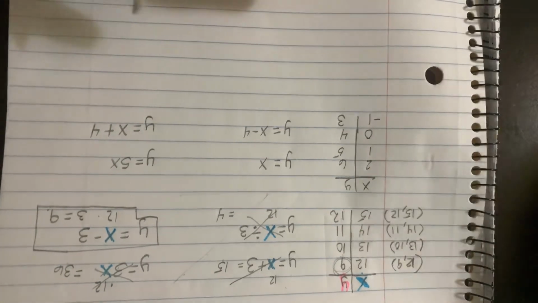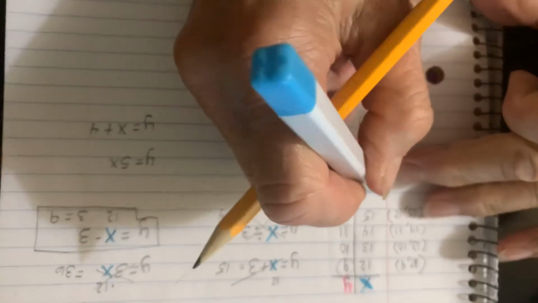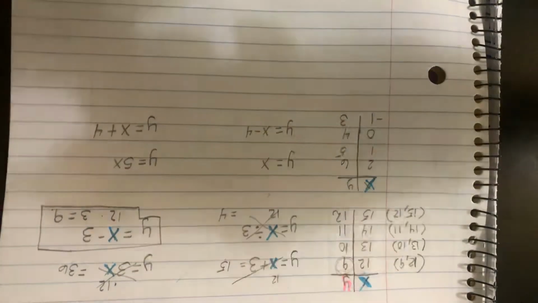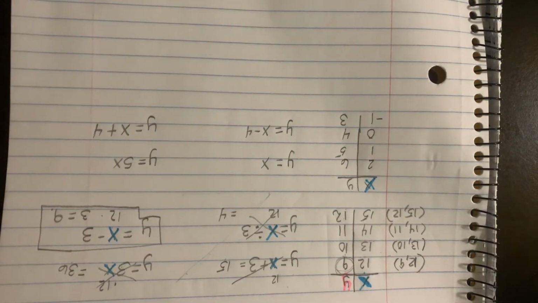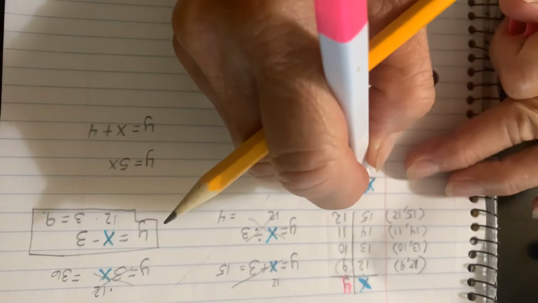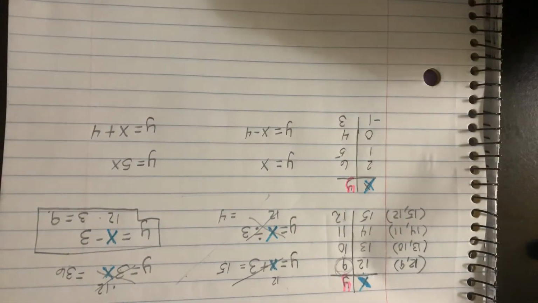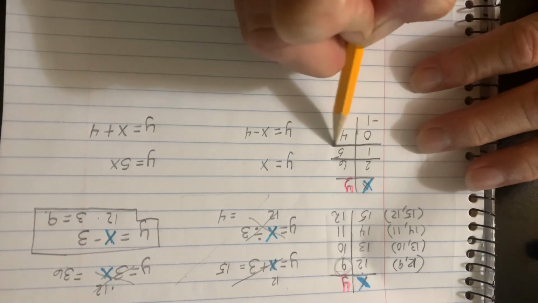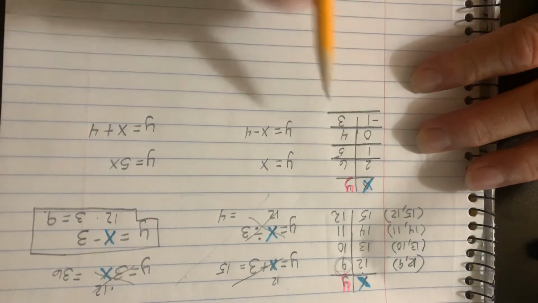So again, I have my X values right here, and I have my Y values. I'm going to substitute my X values in for X with the goal of getting the Y value that connects with that X. So there are your ordered pairs right there.